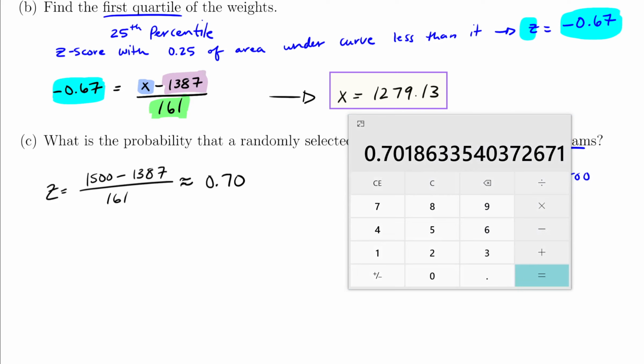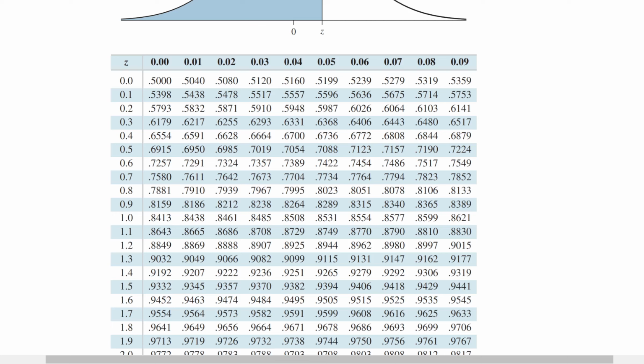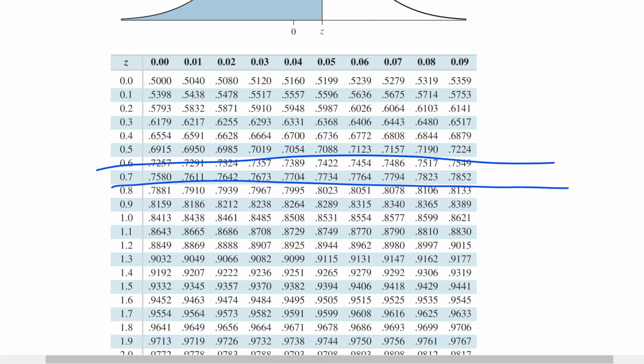Keep in mind that once we find the area, that's not our final answer. That is the amount less than. To find the amount more, we say 1 minus that. So for a z-score of 0.70, I'll find the row for 0.7, cross it with the column for 0.00, and we get an area encompassed before 0.7 is 0.7580.